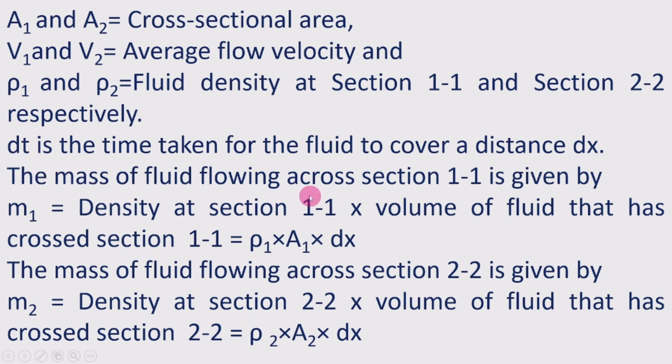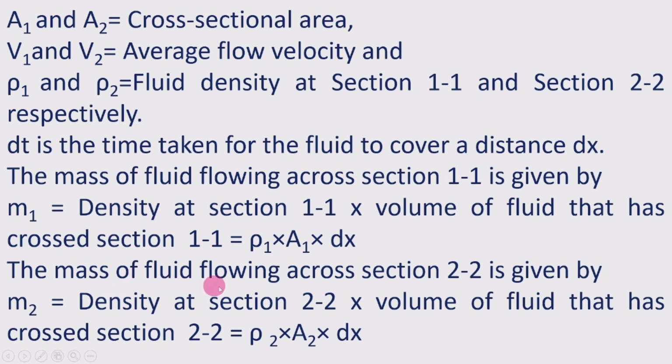Then the mass of fluid flowing across section 1 is given as m1 equal to the density at section 1 multiplied by the volume of fluid that has crossed section 1. Here, the density at section 1 is taken as ρ1. The volume of fluid that has crossed section 1 is the cross-sectional area multiplied by the distance crossed.